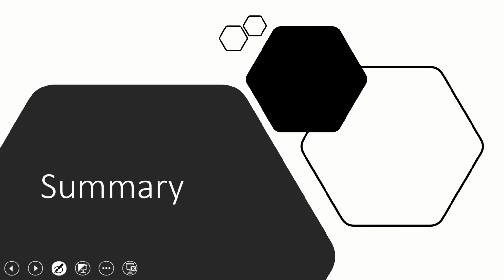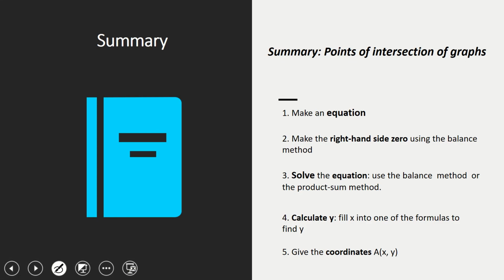Alright, a little bit of a summary. So first of all, always make an equation. Then you're going to make the right hand side 0 by using the balance method. Then of course you're going to solve the equation and you're going to use the balance method or the product sum method. And with balance method I of course mean the common factor.